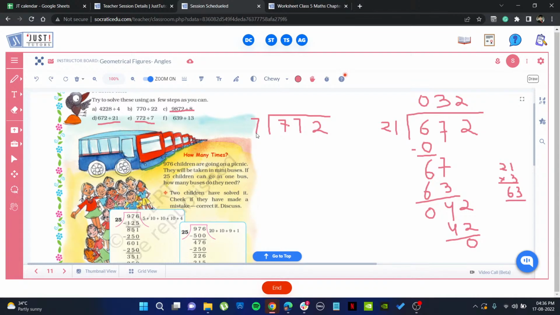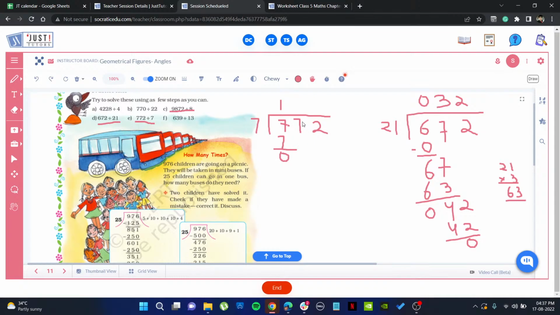So here we will be dividing this 7 by this 7. Is it possible to divide? Yes, it is absolutely possible. So therefore we should times 7 by 1. So 7 times 1 gives us 7. Let's write down 7 here. If we take away 7 from this 7, we get 0.